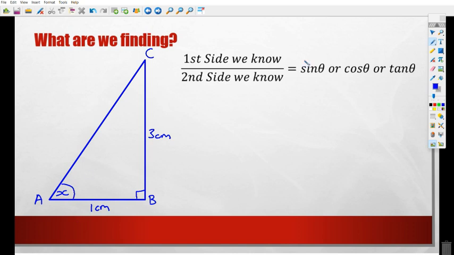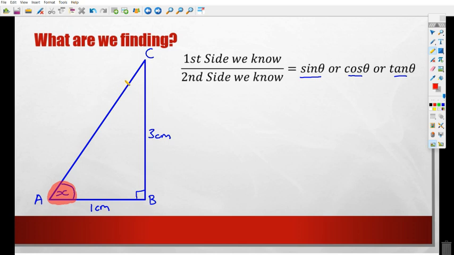That's going to be sine of x or cos of x or tan of x, depending on my sides. If this is the angle that I'm looking for, whenever I'm trying to look for an angle, I don't want to look for cot, sec, or cosec, as far as possible.